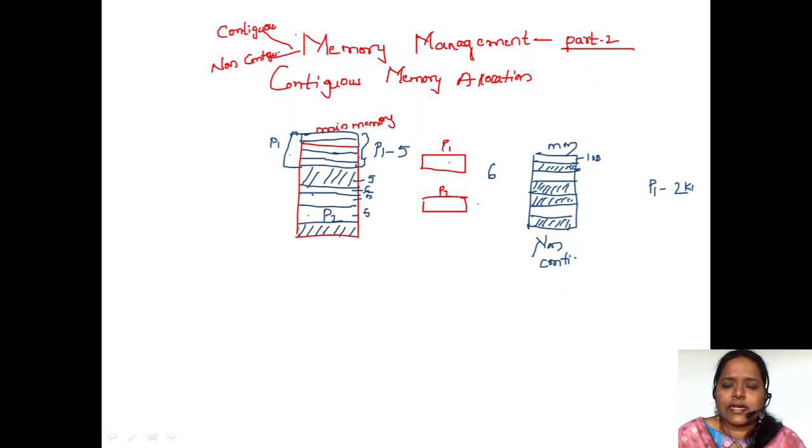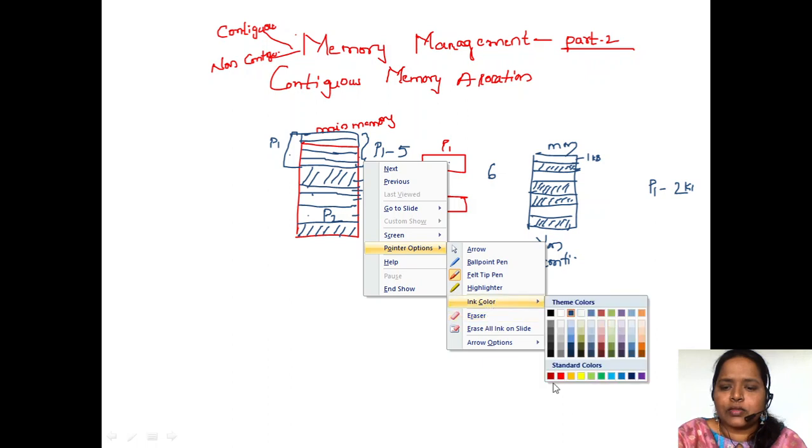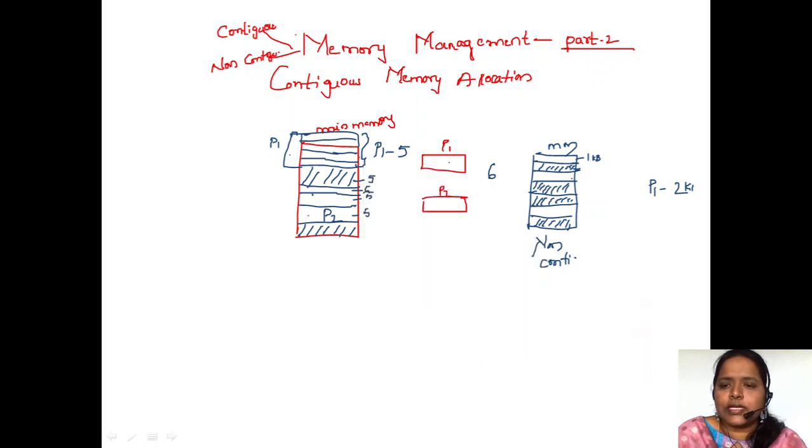So these are the empty spaces, and we call them holes. P1 needs 2 KB of memory, but here it can occupy only 1 KB, and the remaining 1 KB it will occupy elsewhere. This is non-contiguous memory allocation.